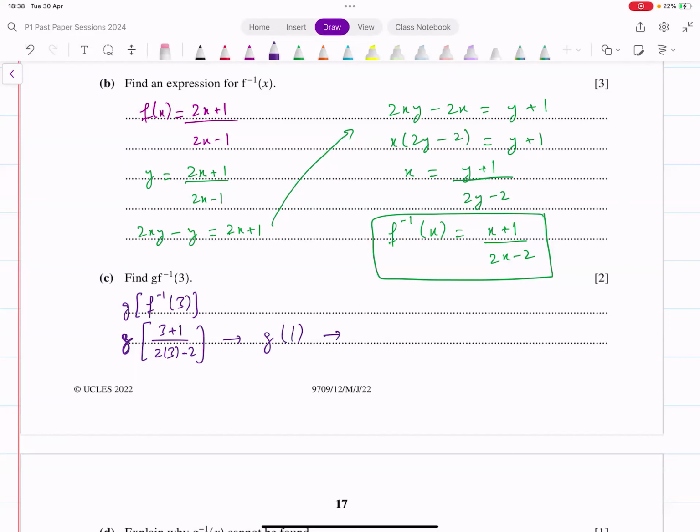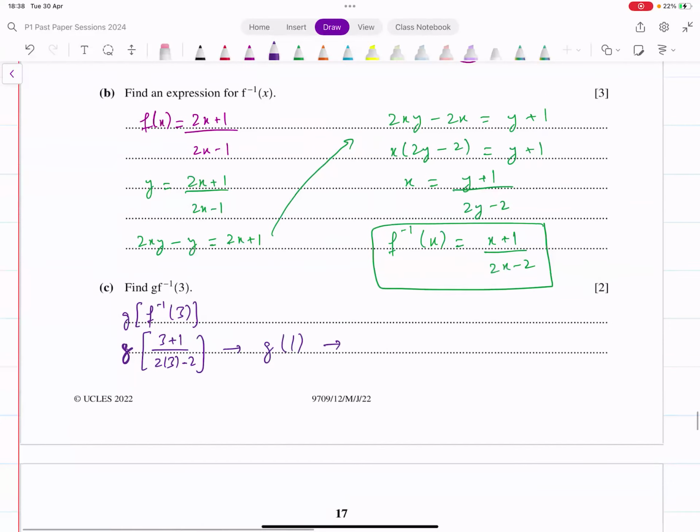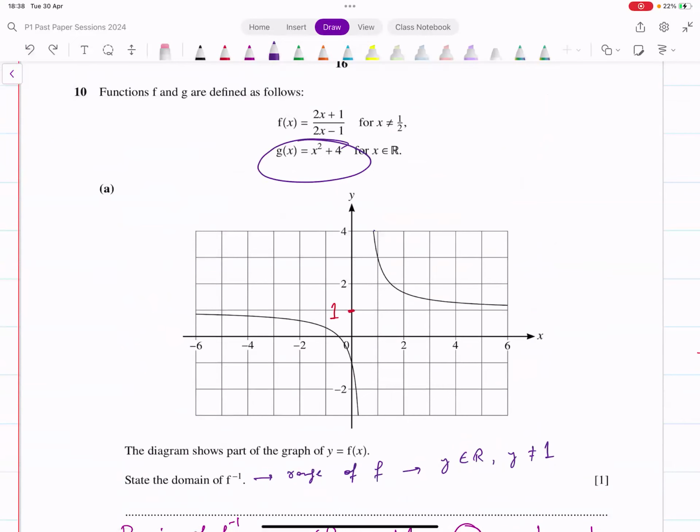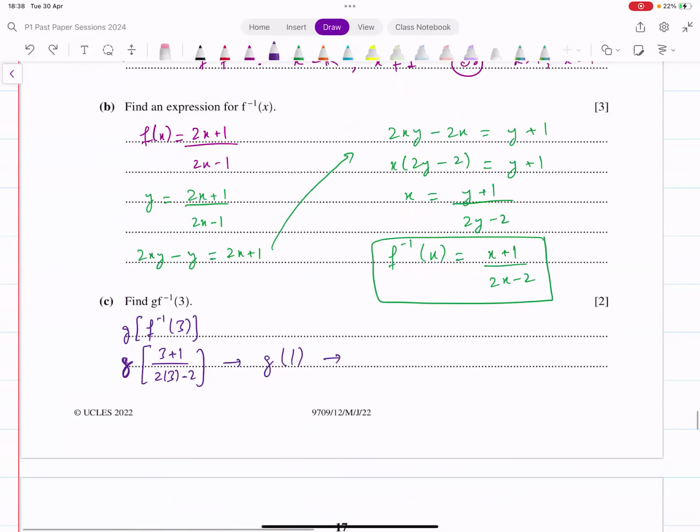This is what you need to evaluate. Inside the function g, just input x equals 1 now. This is g function. It's x squared plus 4. So you say 1 squared plus 4, and that results in 5. This is the value of g f inverse of 3. Okay, that's what we had to find here.